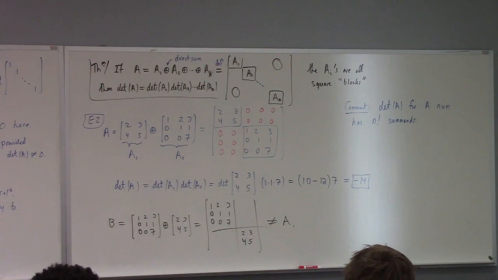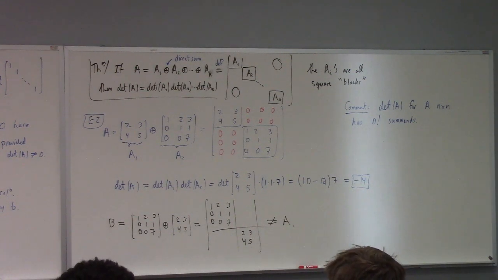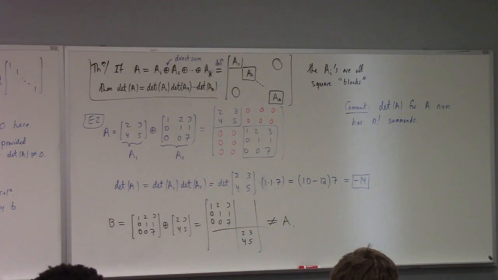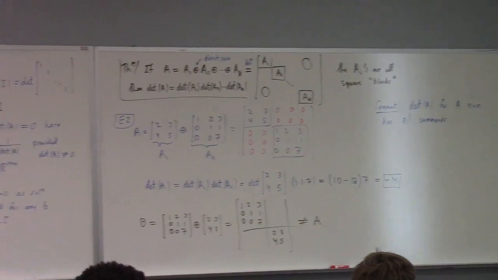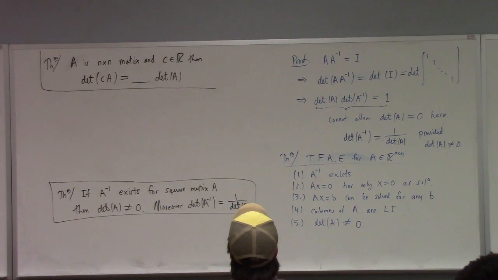If I have A is n by n matrix, and C is a scalar, then the determinant of C times A is equal to, you fill in the blank, times the determinant of A. All right, we'll leave that blank there for a second. Let's try to think about this.